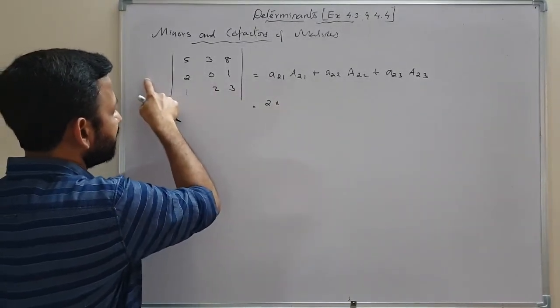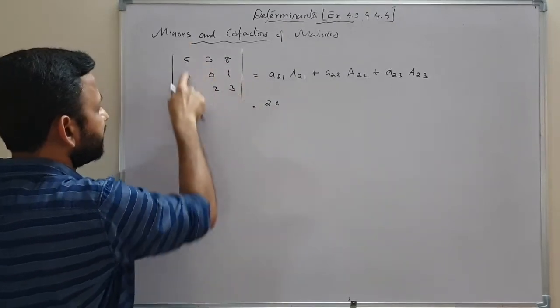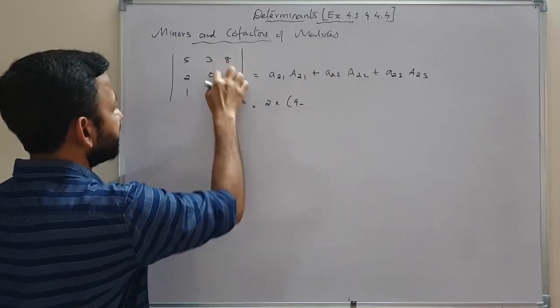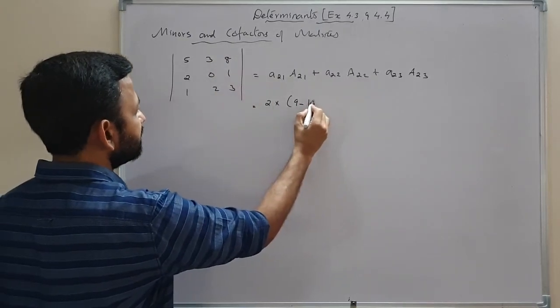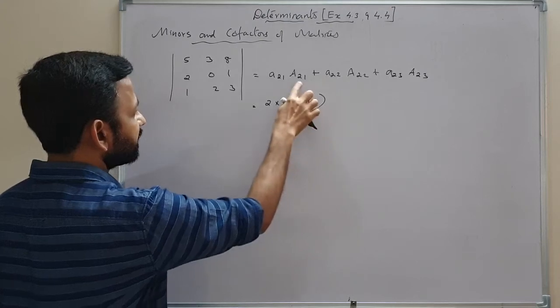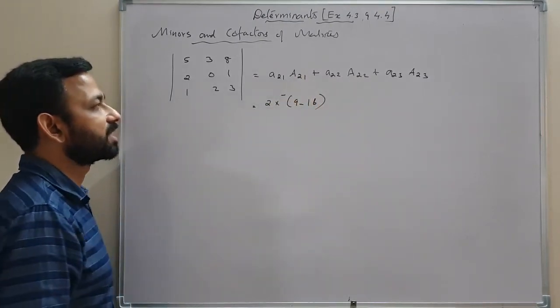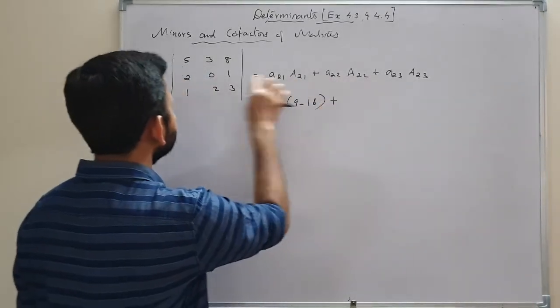So a21, that is the first element. Then we are going to find a minor, deleting. So 3 into 3, 9, minus 2 into 8, 16. And here 2 plus 1 is 3, so minus sign we will give. Then plus a22, 0.